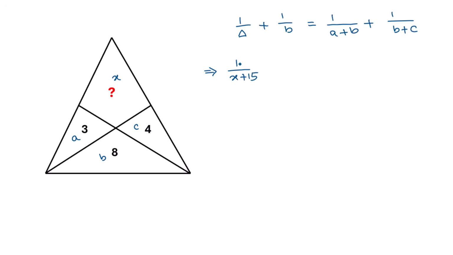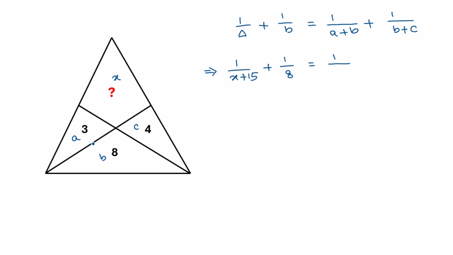This is the total area of this triangle, plus 1 over B, that means 8, is equal to 1 over A plus B. A is equal to 3, B is equal to 8.